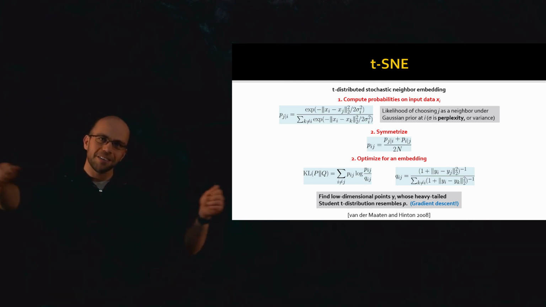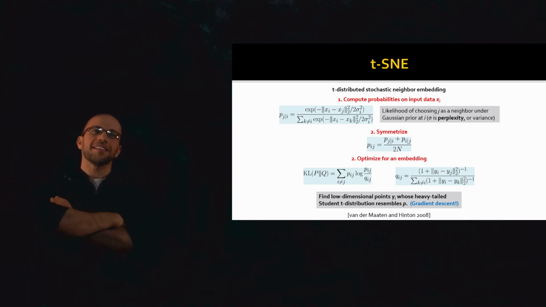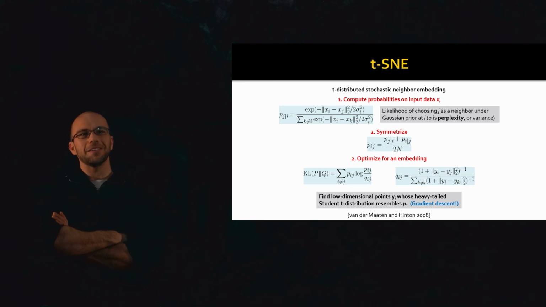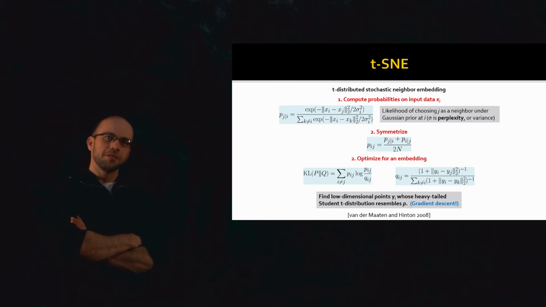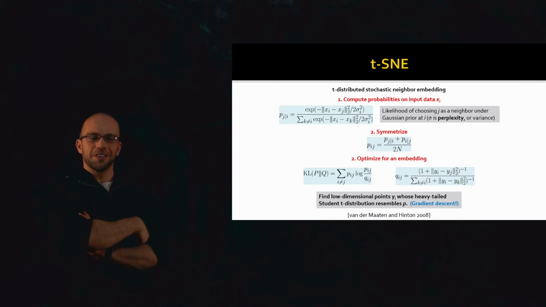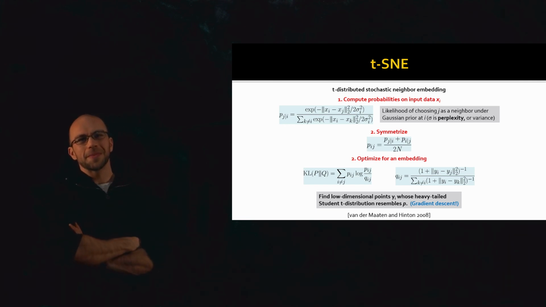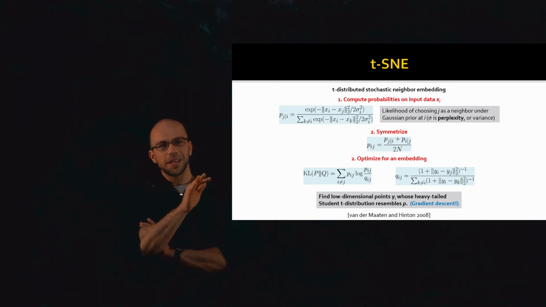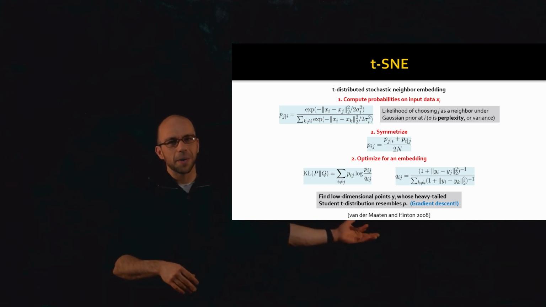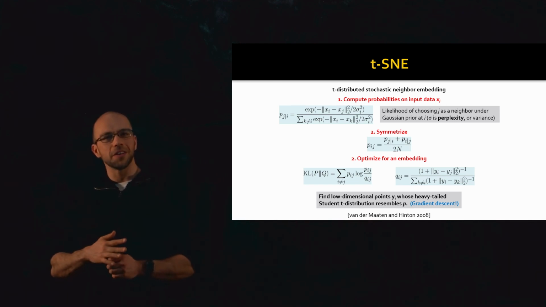The prior, like the size of that Gaussian, they call the perplexity or variance of your t-SNE embedding. Then you symmetrize, so you just average your probabilities with a transpose. And then the third thing, which is kind of interesting, is now you're going to find an embedding of your data. These are the y variables on the right-hand side, and the y variables are in a lower dimensional space.